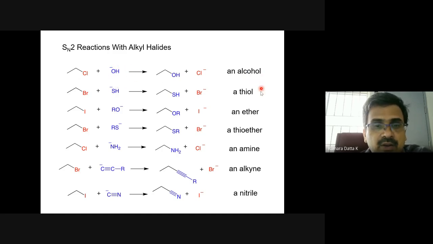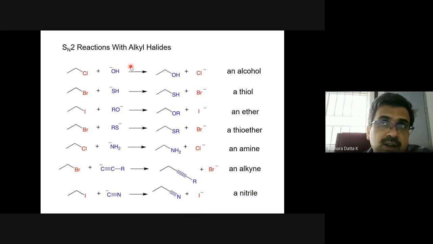You may get alcohol, thiol, ether or a thioether, or you can generate amine or an alkyne or a nitrile. Just vary the substitutions. Instead of hydroxyl, take thiol, alkoxide, or any such things. You get the corresponding functional groups.